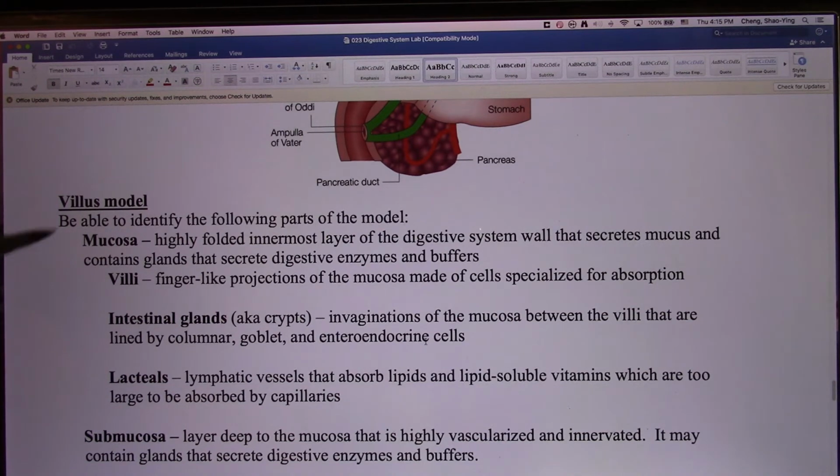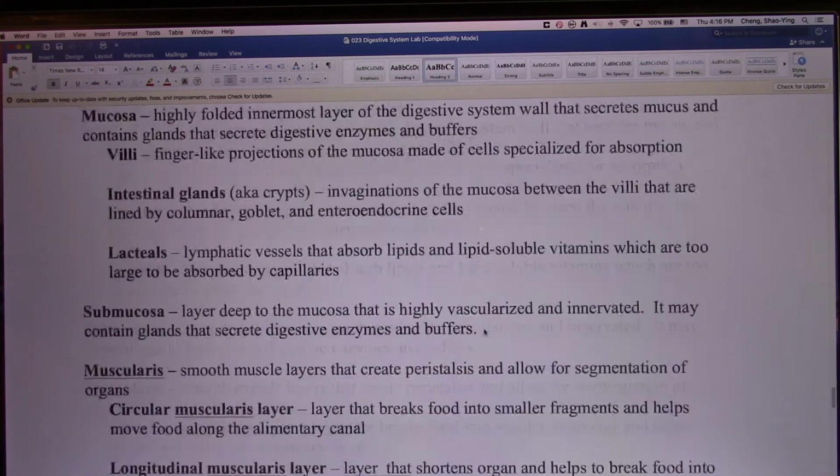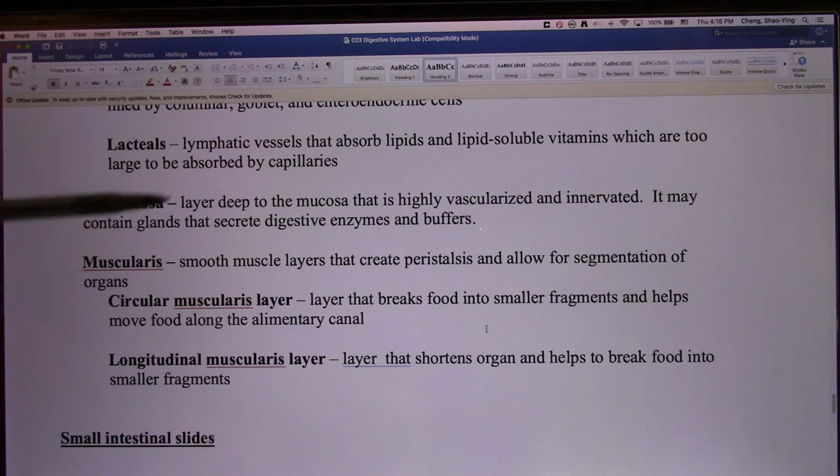The villi in your small intestines do a very good job of increasing the surface area. When we calculate the total surface area of your small intestines, it is close to 2,400 square feet, about a full tennis court, because of those villi. That's in the mucosa layer. The second layer is the submucosa, and the muscularis is the third layer.